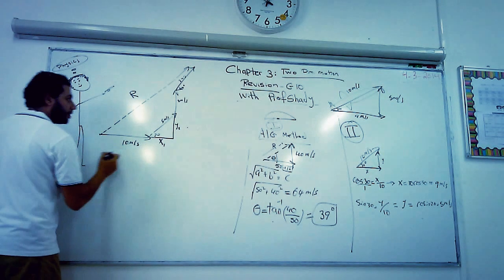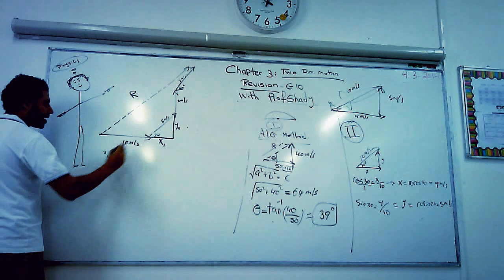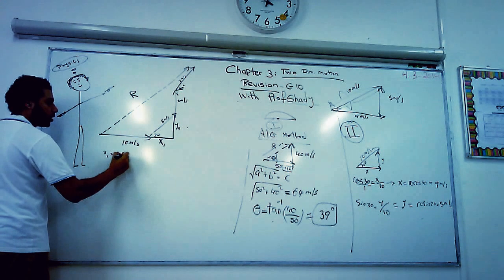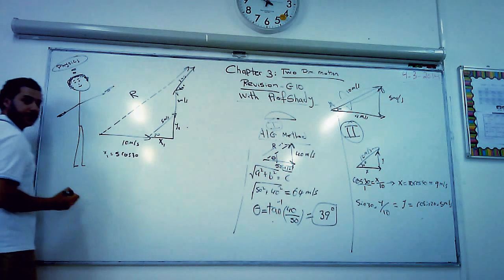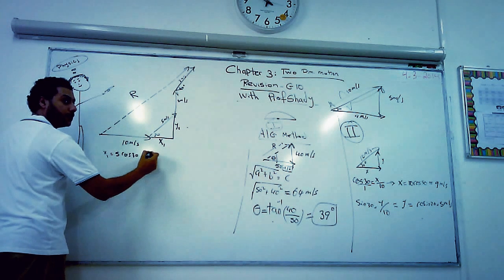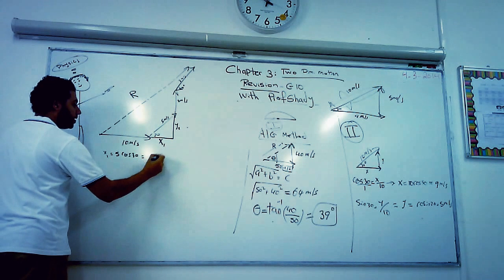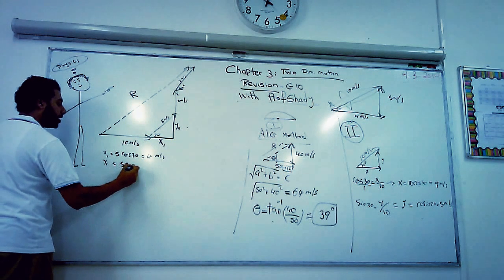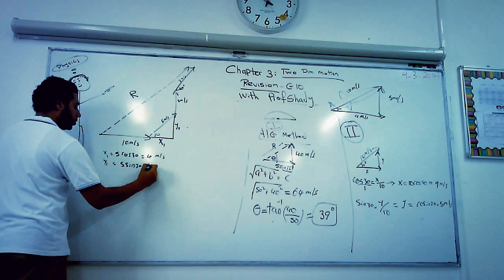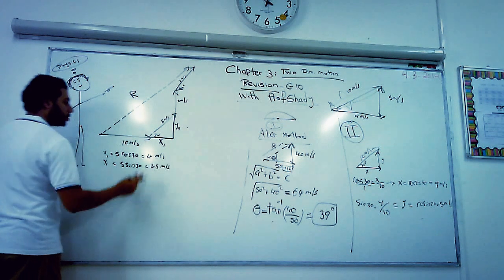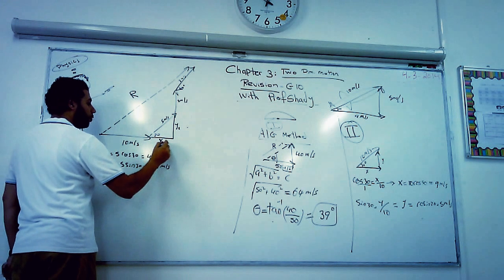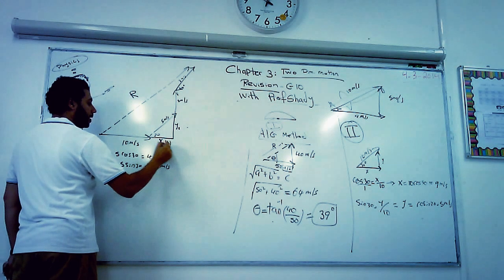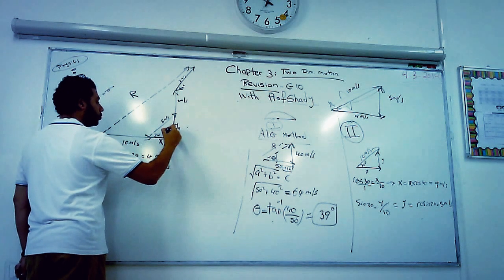So let's find them. x1 is equal to, right away, 5 cosine 30, which is equal to 4 meters per second. y1 is equal to 5 sine 30, which is 2.5 meters per second. So I found this piece, which is 4, and I found this piece, which is 2.5.